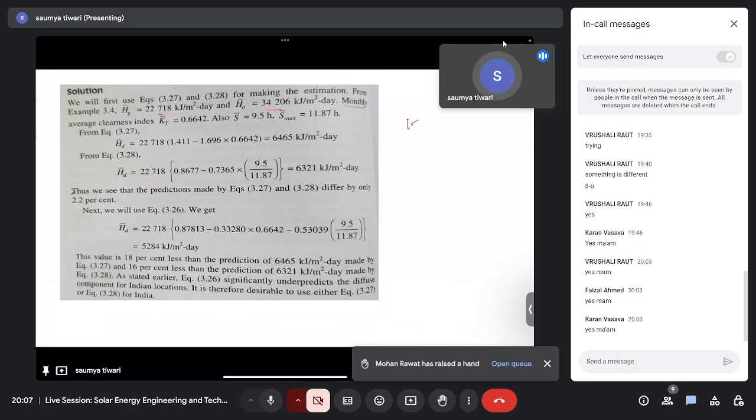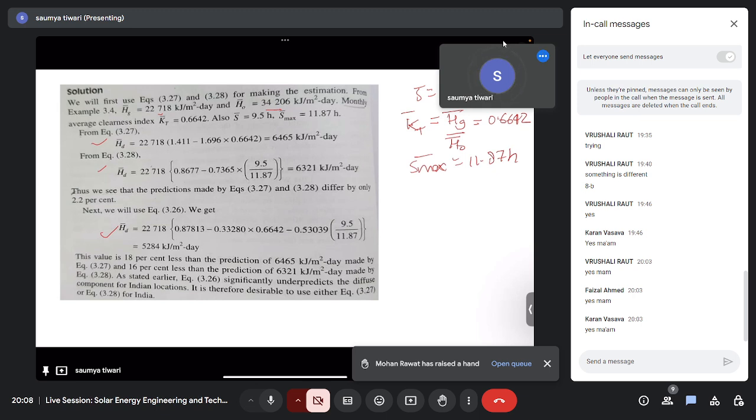Now KT bar is basically Hg bar upon H naught bar, the clearness index. So you can get the KT value as 0.6642. You know the S bar value, 9.5 hours, and S max we have already calculated as 11.87 hours. Now SD bar can be calculated from the three correlations that we know.